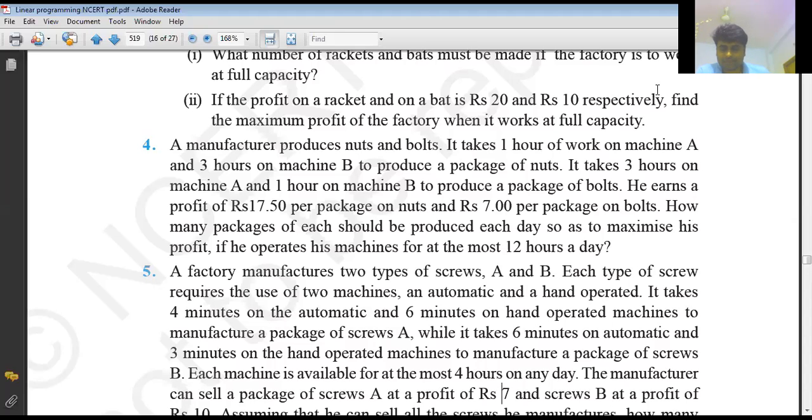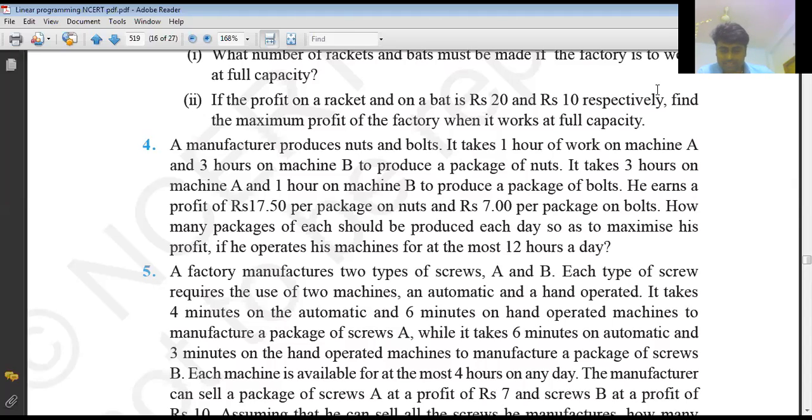After taking the graph, whatever region is bounded and closed, those corner points we need to plot, identify, and write from the figure. This region is bounded and closed with these corner points, and we'll take a corner points table and find the solution in the fourth step. Like that we have to follow these four steps in solving every LPP.